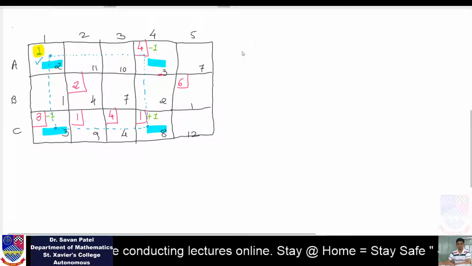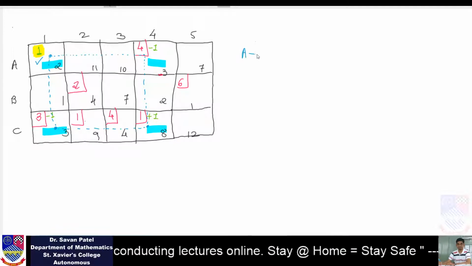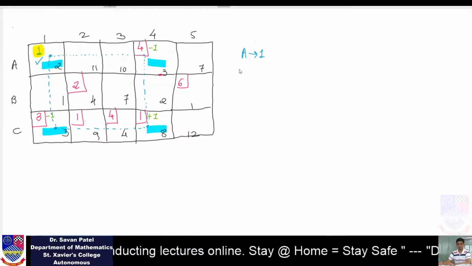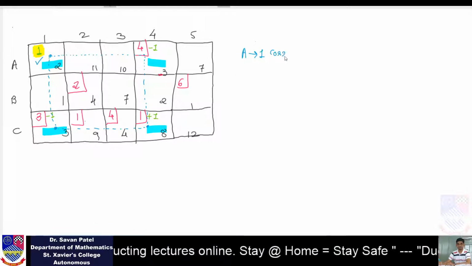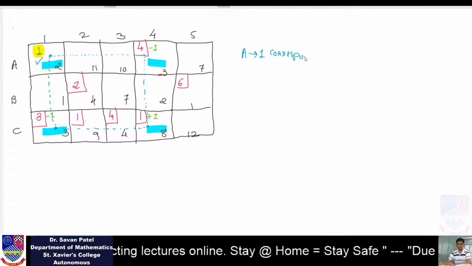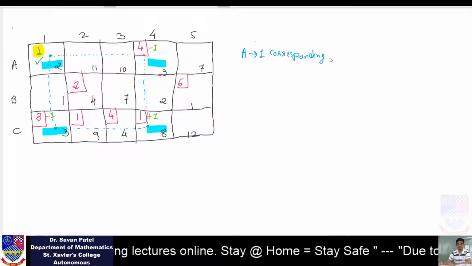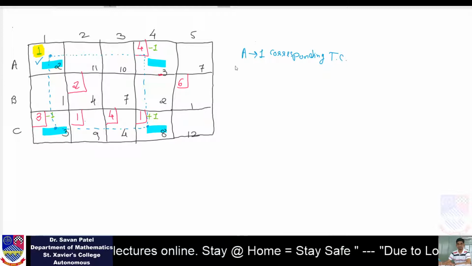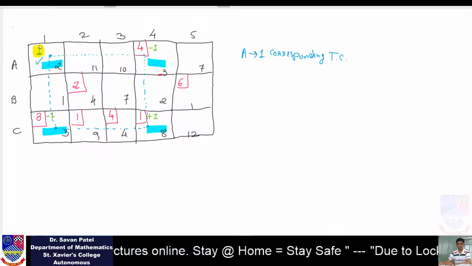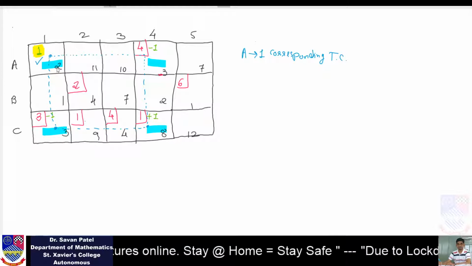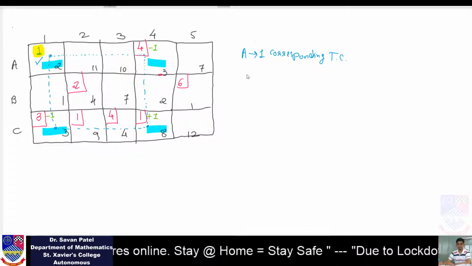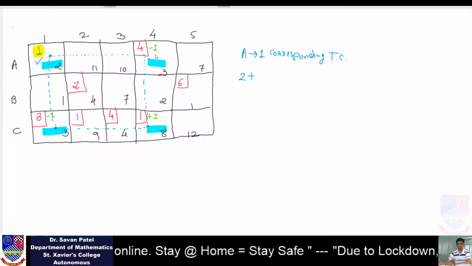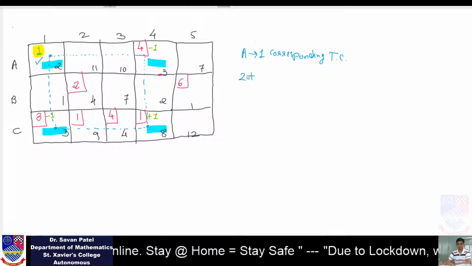So if I am transporting from A to 1, then the corresponding transportation cost change will be here. If you are transporting 1 unit, then the transportation cost will be 2 times 1, that is 2, plus. Here I have reduced 1 unit of transportation. So minus 1 times 3.